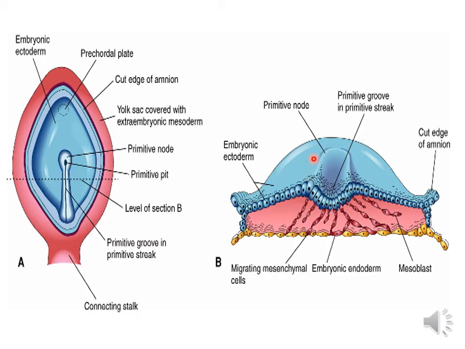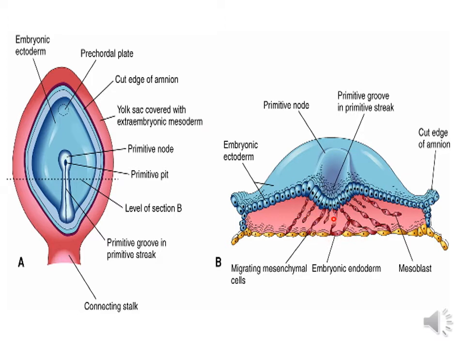Now, the cells of the epiblast which are close to the primitive streak start migrating toward this area, and they pass in between the epiblast and the hypoblast. Some of them displace the hypoblast cells, forming the endoderm.